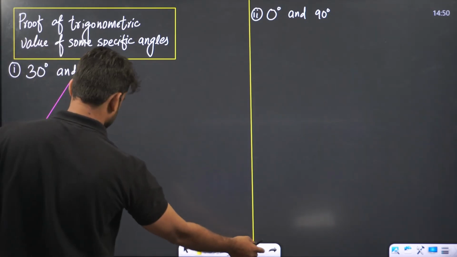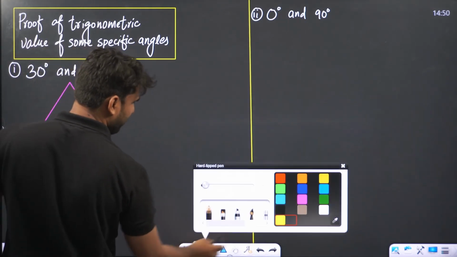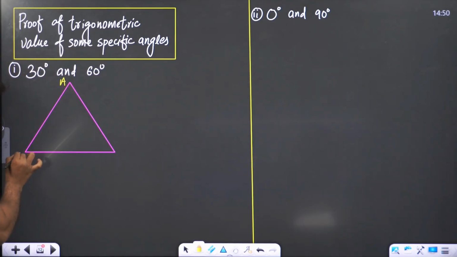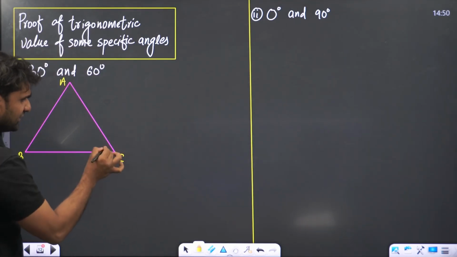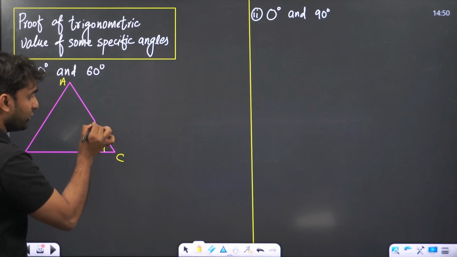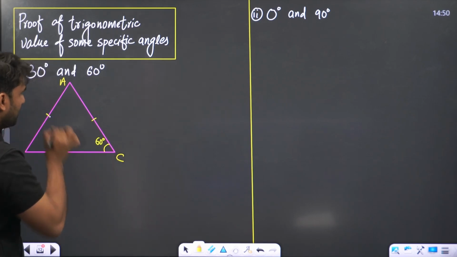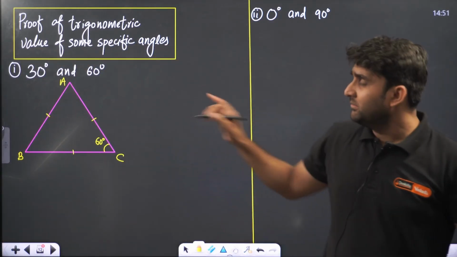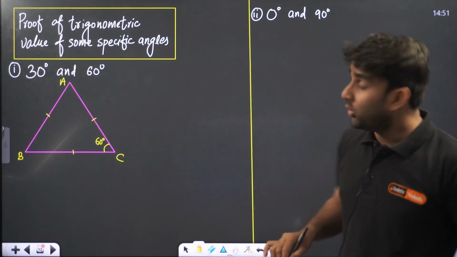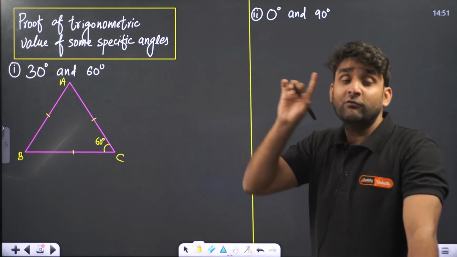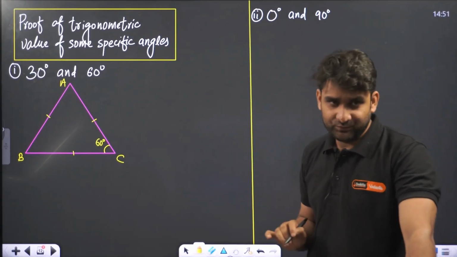Okay. Now, my dear champions, we have an equilateral triangle. Name this A, B, C, and this angle is 60 degree. Why? Because all the sides are equal to each other. Because triangle ABC is an equilateral triangle, all the angles will be 60 degree. But what are we looking for? We are looking for 30 degree and 60 degree.